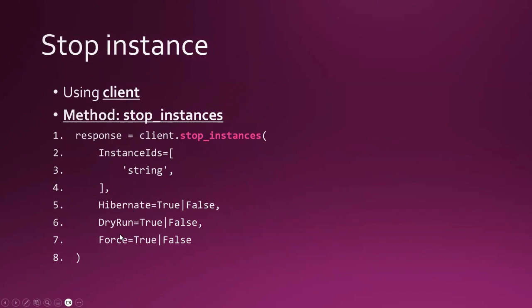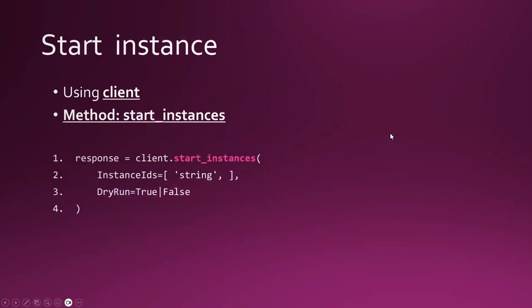And sometimes you need to forcefully stop some AWS EC2 instances, then you can use force equal to true. So these are different options. These are all optional, and you don't need to mention the actual parameters in this stop instance function.